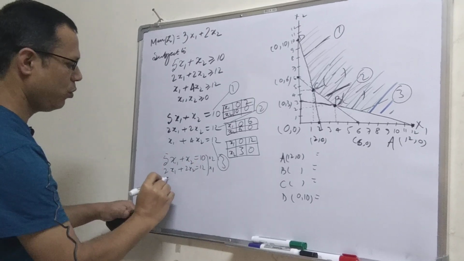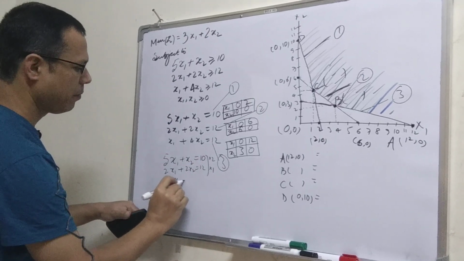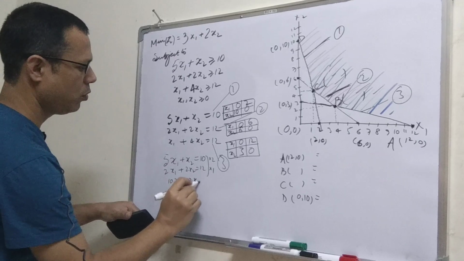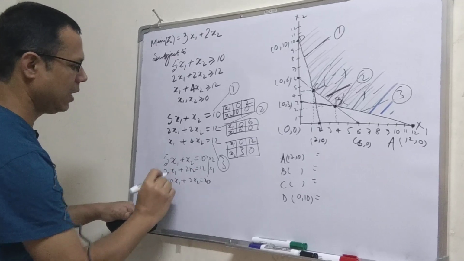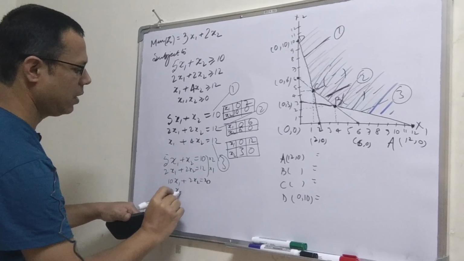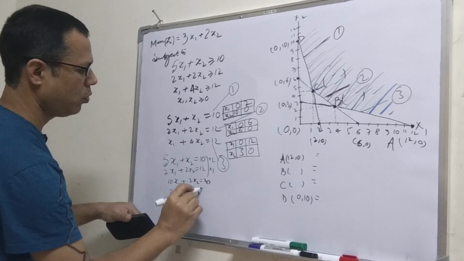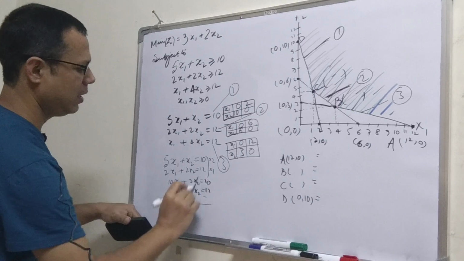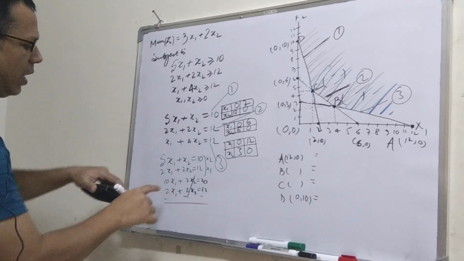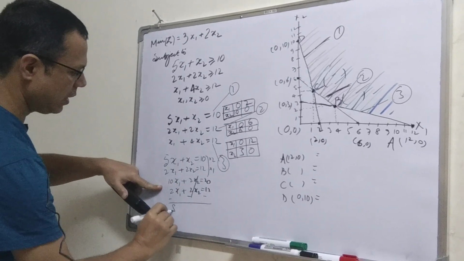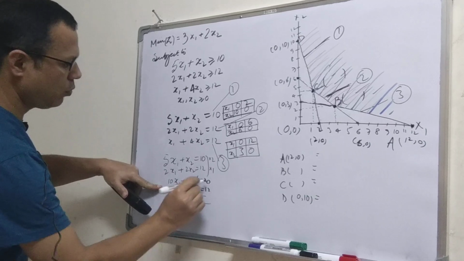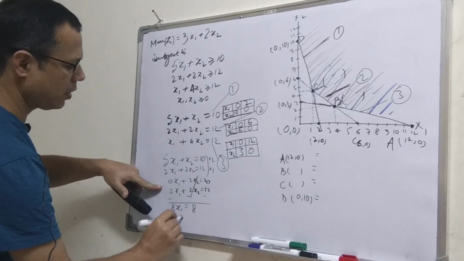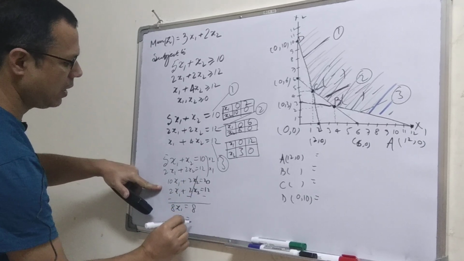So 5 into 2, 10x1 plus 2x2 is equal to 20. Similarly, 2x1 plus 2x2 is equal to 12. Now these two have equal x2 coefficients, so we can subtract and x2 will be cancelled. So 10 minus 2, 8x1 is equal to 20 minus 12, 8. So the x1 value will be 8 by 8, which is 1.